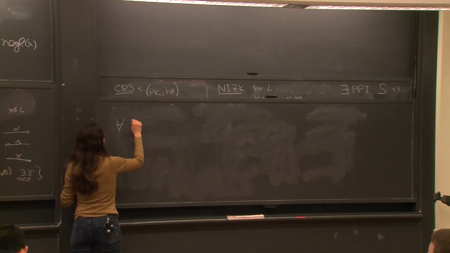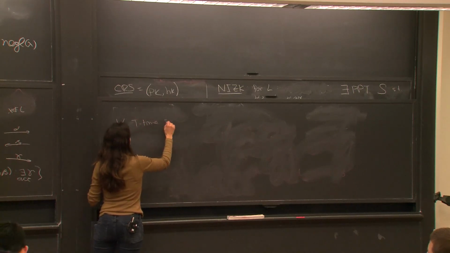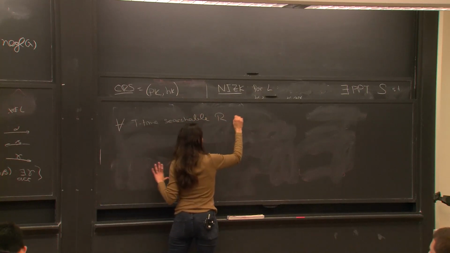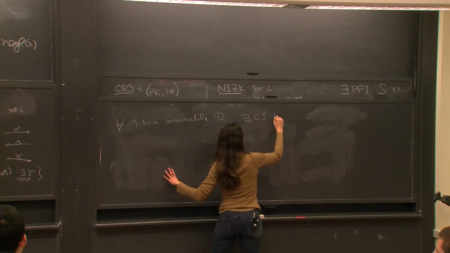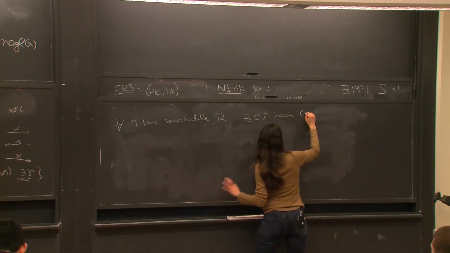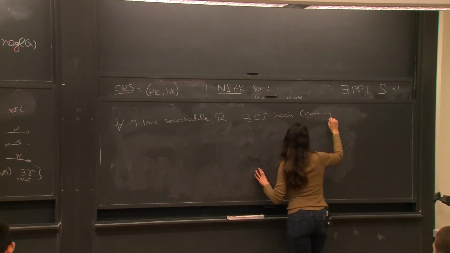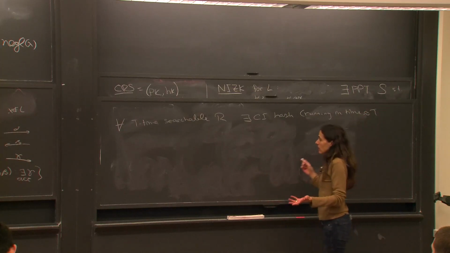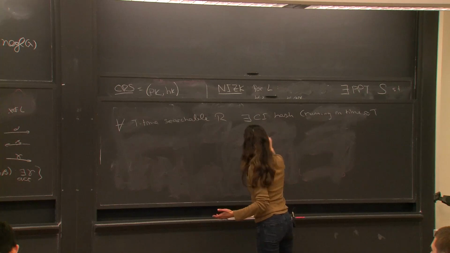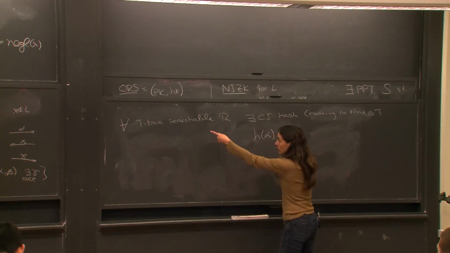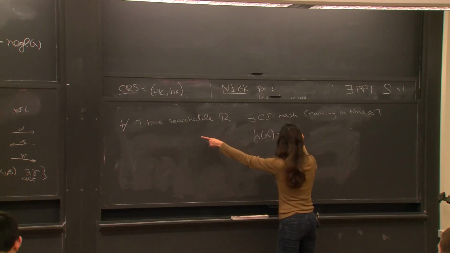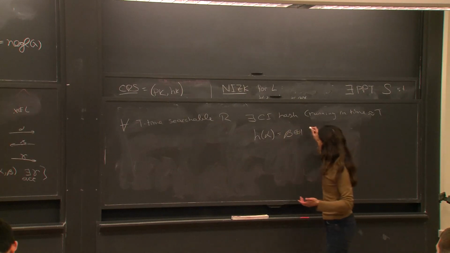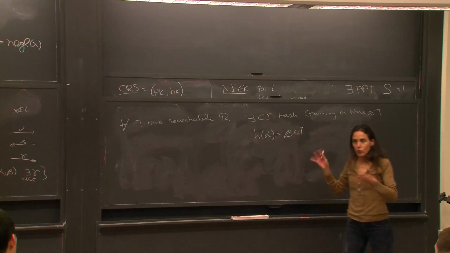For any t time searchable relation, there exists a correlation intractable hash running in time t, or close to t. That's easy. What is the hash? The hash of alpha will just be the beta that you're searching for in the relation plus 1. Just avoid it somehow. Just move out of the beta.